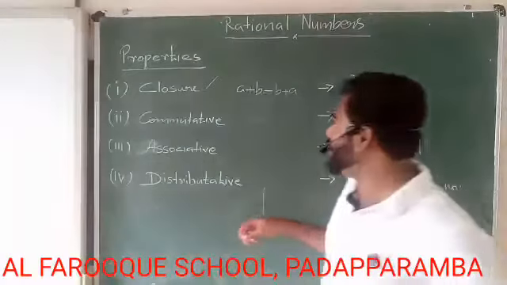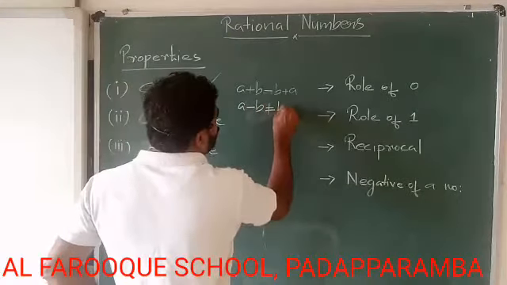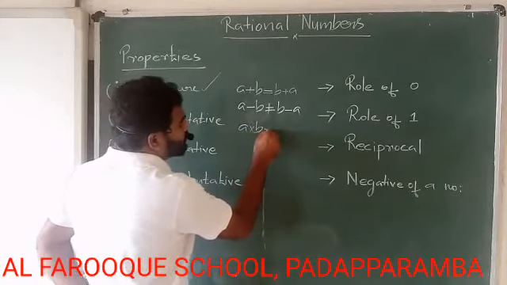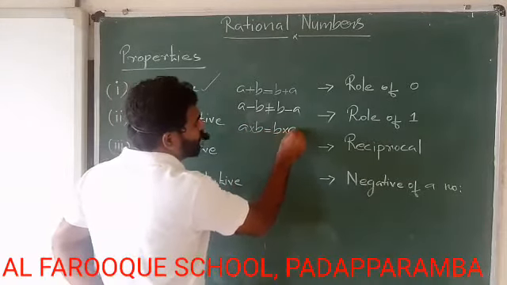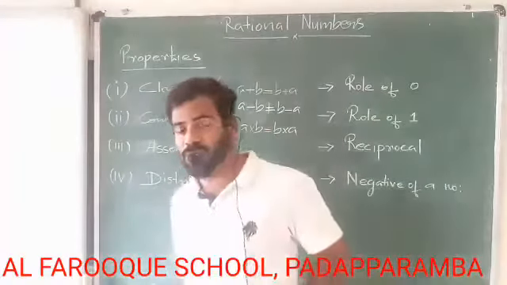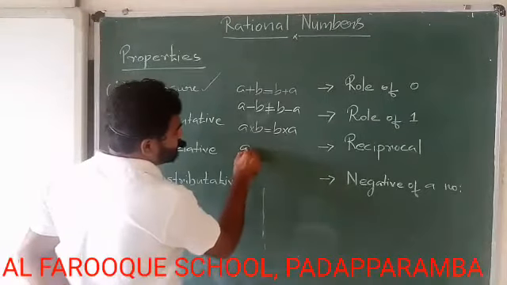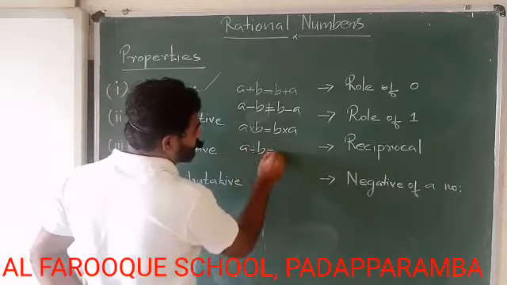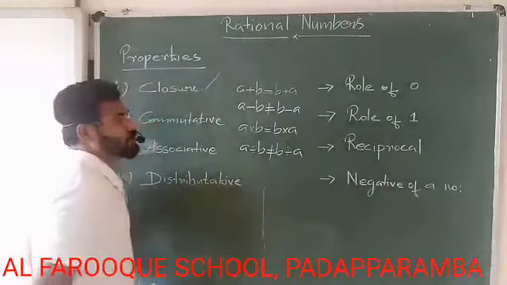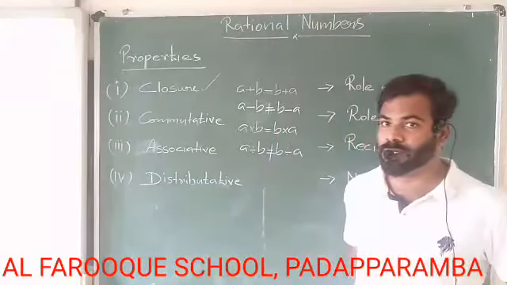What about in the case of multiplication? A into B equal to B into A. So we can say that multiplication is also commutative. But what about the case of division? A divided by B is not equal to B divided by A. So these are in the case of commutative property.